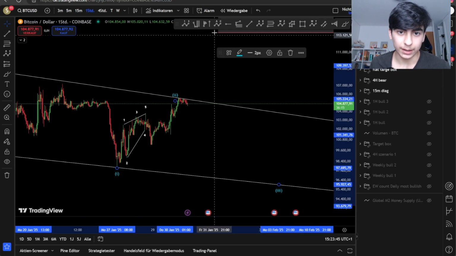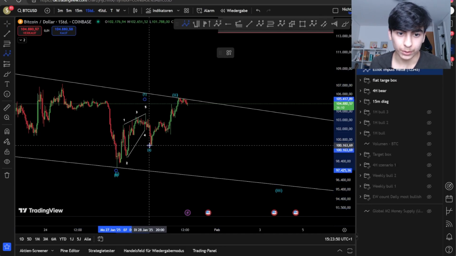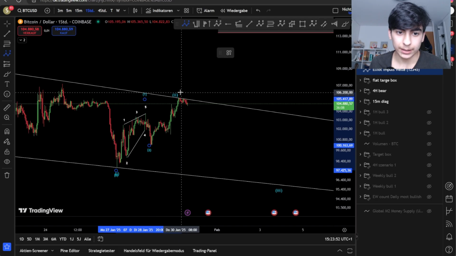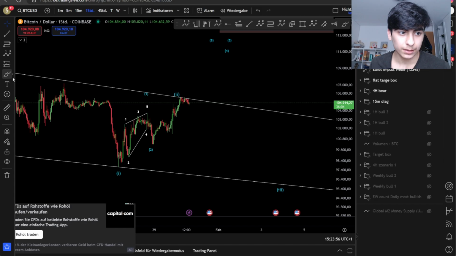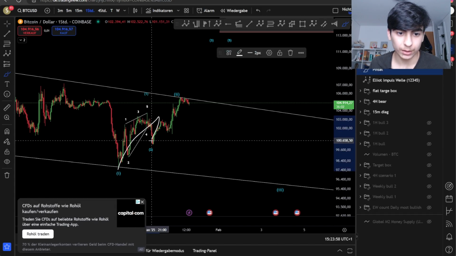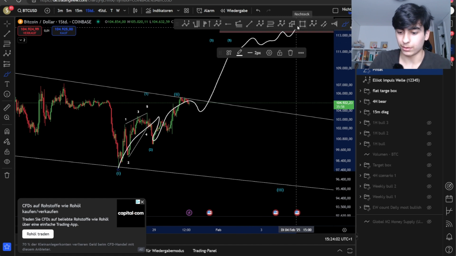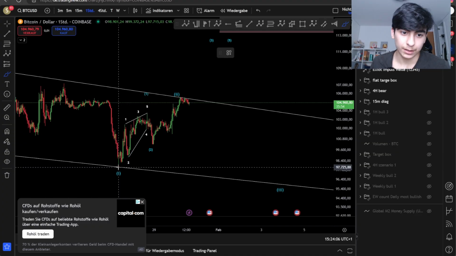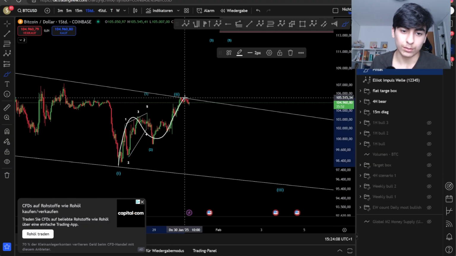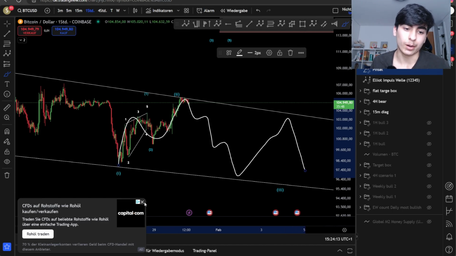If we count this as a wave 1, 1, 2, we then either need to count this as another 1, 2, right, here. We have here a 1, 2 higher degree, 1, 2 lower degree, and then a 5 in an extension. So that's also something to consider. Or we again have here the A, B, C looking for this diagonal, and then simply a diagonal going lower.